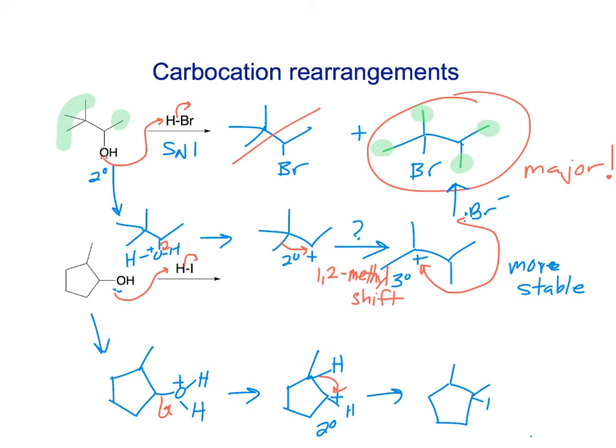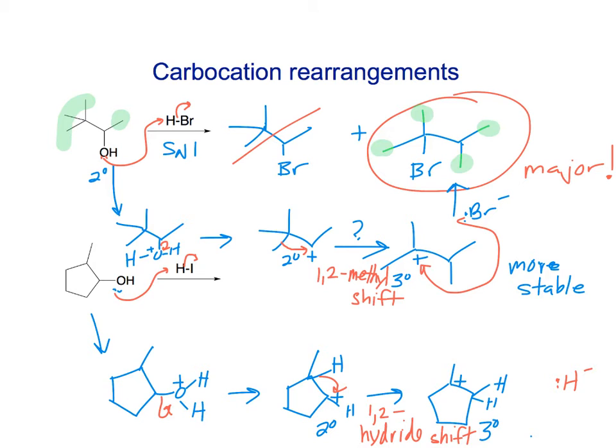That's going to give us two H's here now and a plus at the tertiary position. All right, this is a 1,2, and we're jumping the hydrogen, but the hydrogen is moving with the electrons. So we're moving actually an H minus. So this is a 1,2 hydride shift.